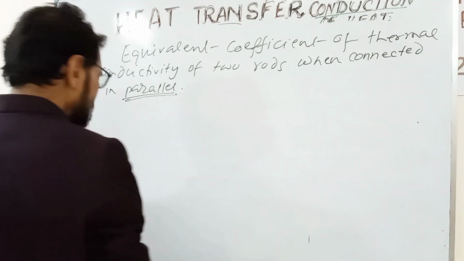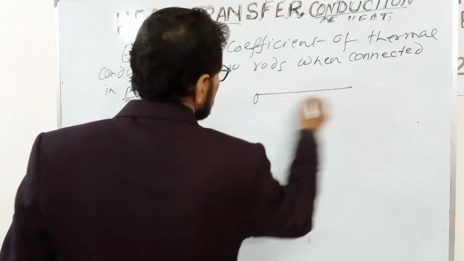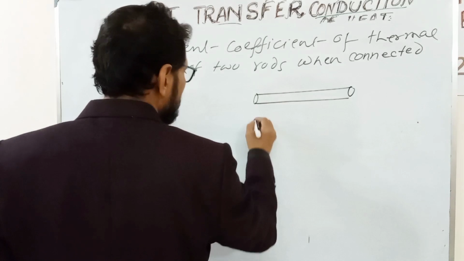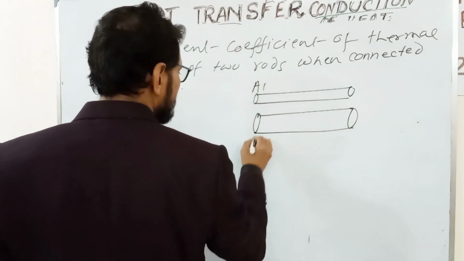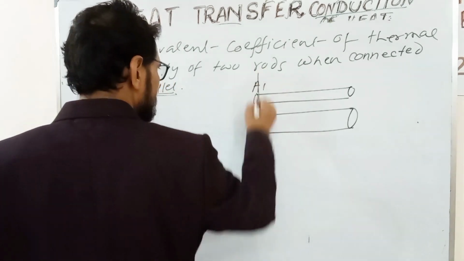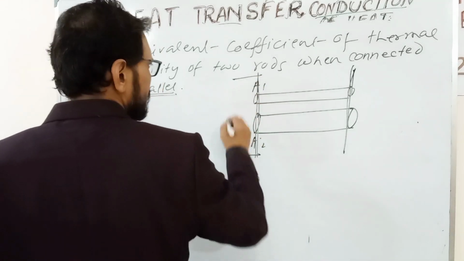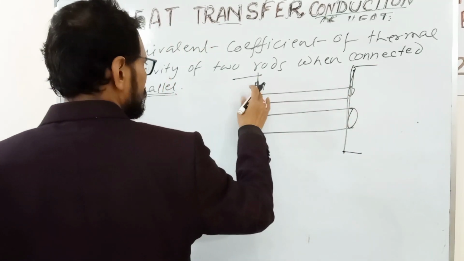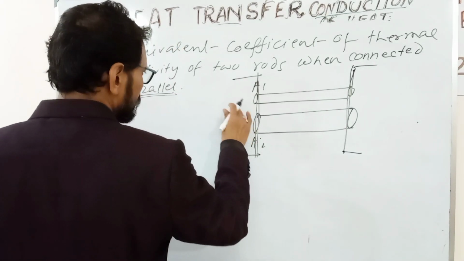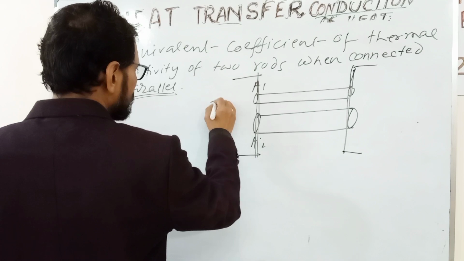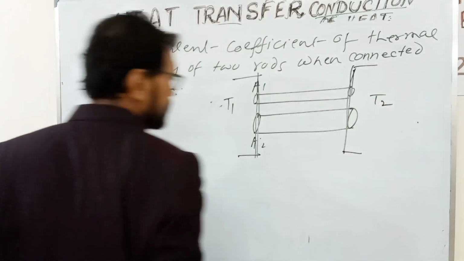Now what is a parallel connection? Suppose two slabs or two rods are like this. This is one slab and this is another slab. The cross section areas A1, A2 are different. Now these two rods are connected to two common reservoirs: this is a hot reservoir at temperature T1, and this is a cold reservoir at T2.